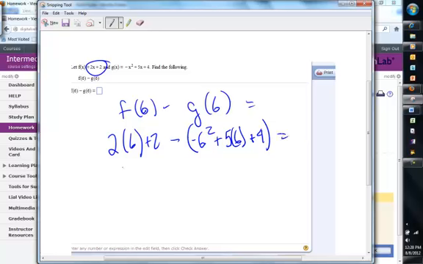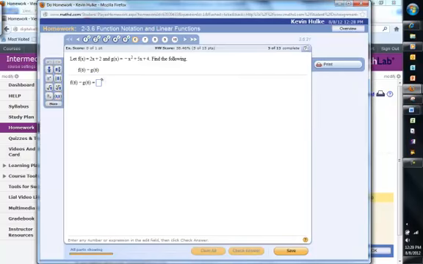Okay, 2 times 6 is 12, plus 2 is 14. Negative 6 squared is negative 36, plus 30, plus 4 is negative 2. 14 minus negative 2 is 16.